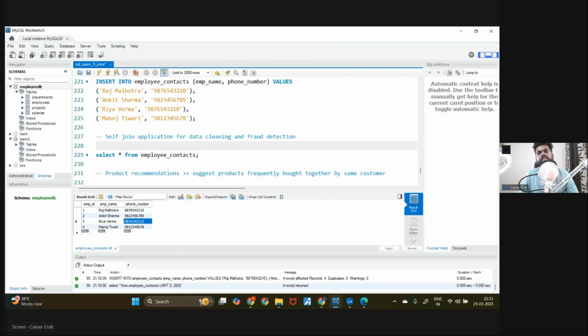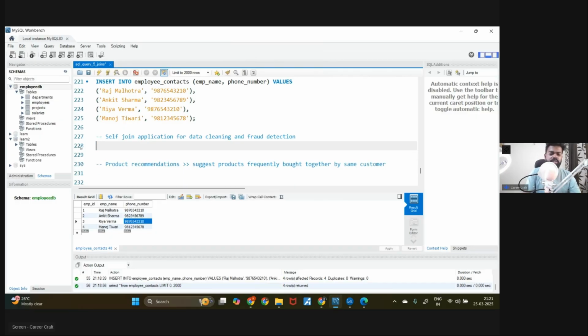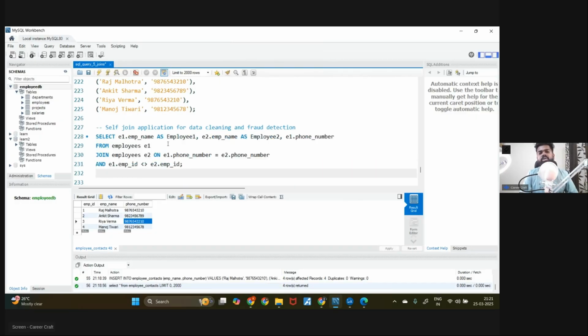Very good. Santanu has answered it correctly. So here I will put this code: select e1.employee_name as employee 1, employee 2, e1.phone_number from employee e1, again on phone number is not equals to employee id, the same logic.